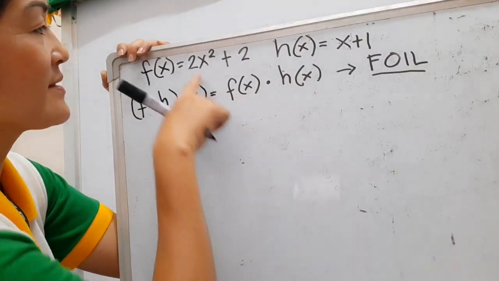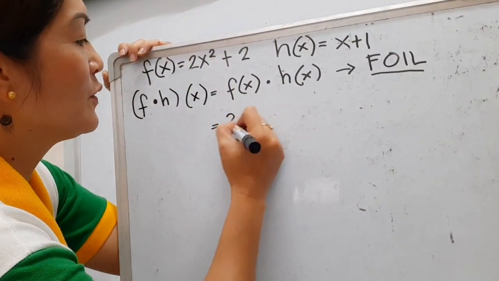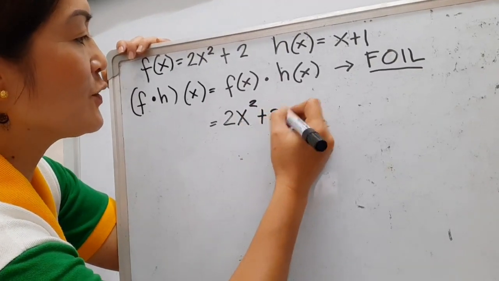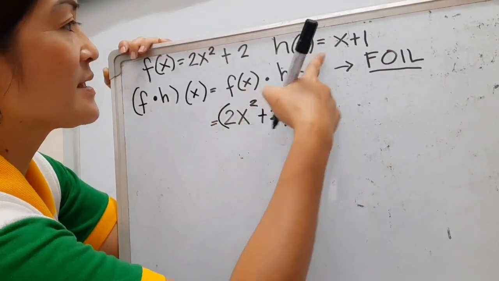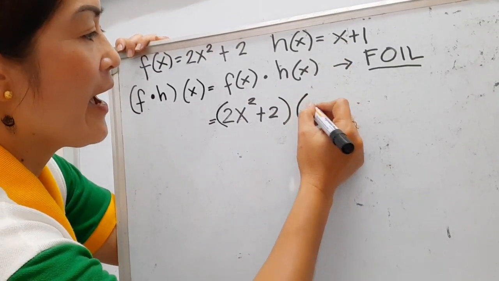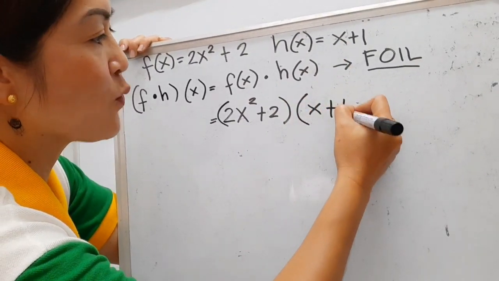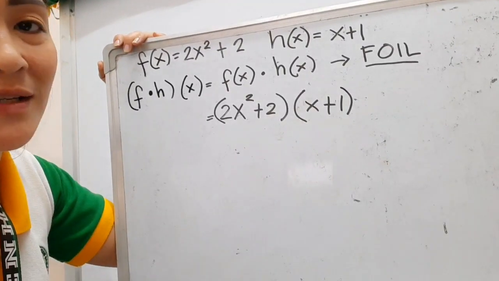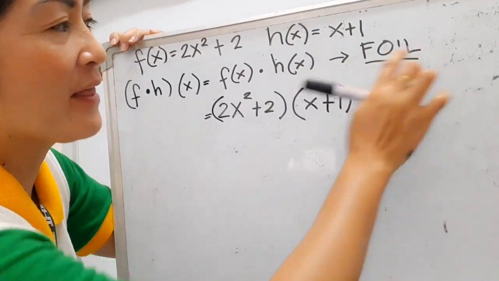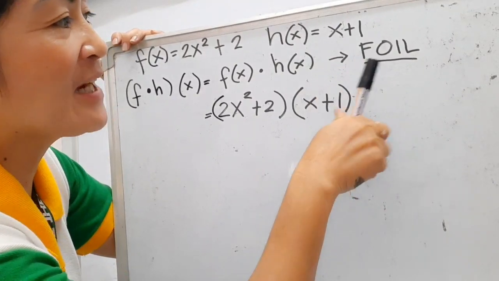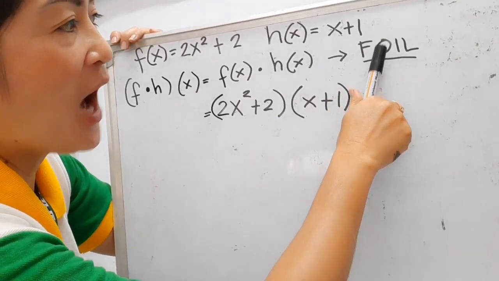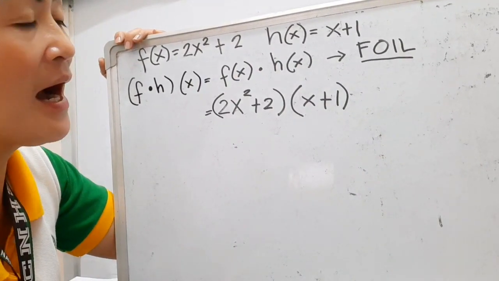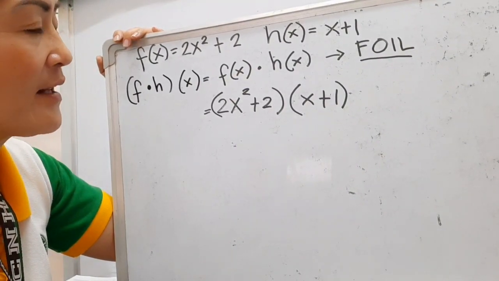So our f of x is 2x squared plus 2, times the second function, x plus 1. So we can now get the product of these two functions applying the FOIL method, or getting the product of the first term, outside term, inner term, last term, and then simplifying will result in the final answer.